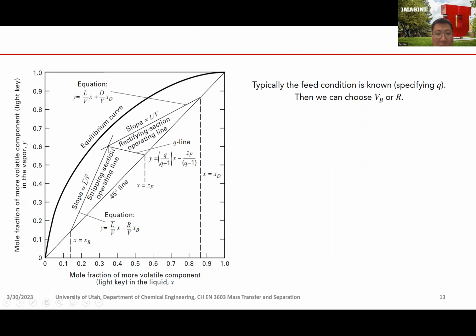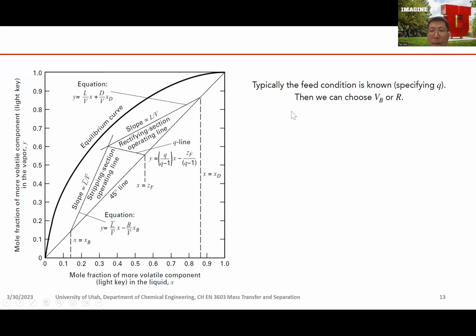Then basically the stripping section operating line is determined, because it is a straight line that goes through that point and the desired separation outcome point, which is the mole fraction of the light key in the bottom.